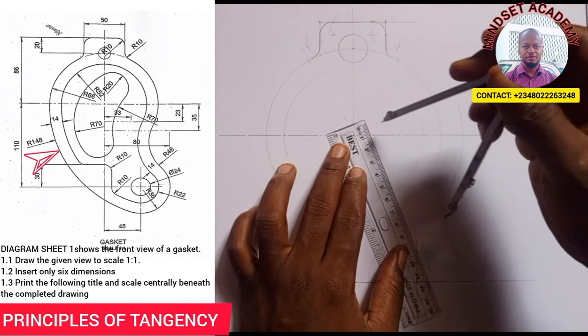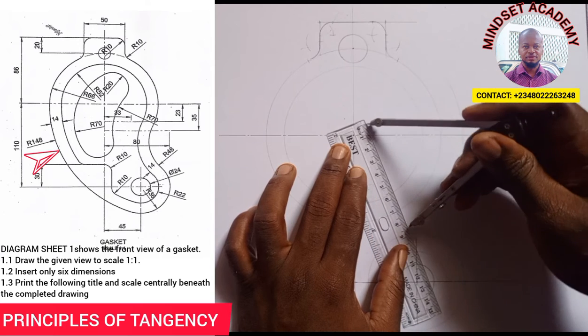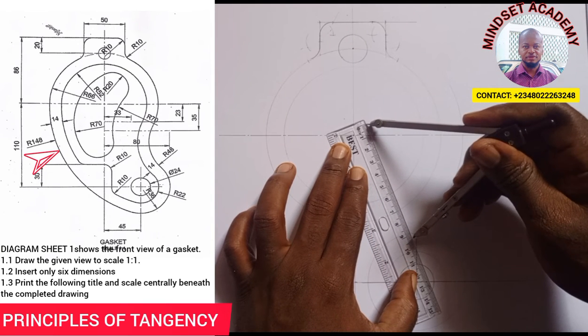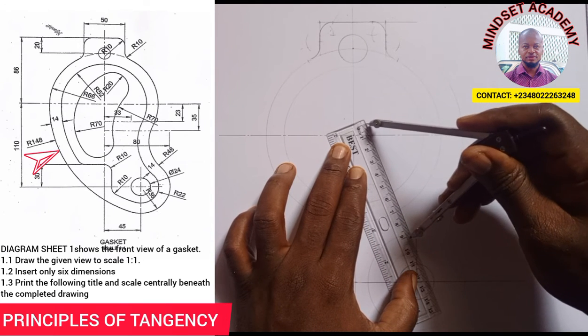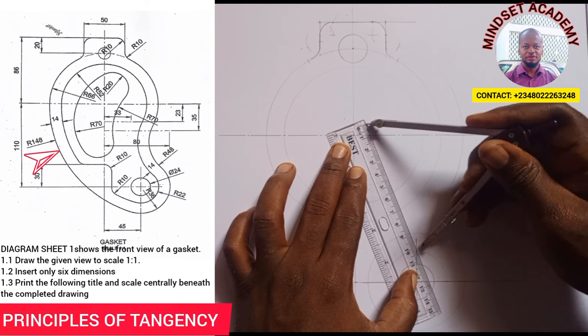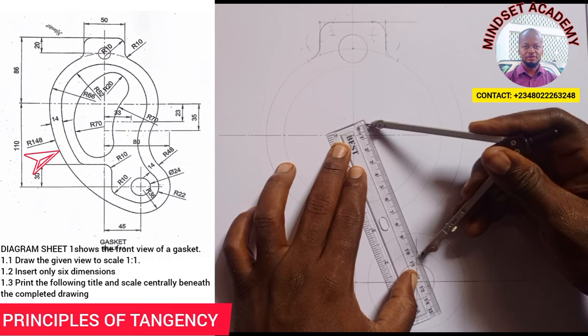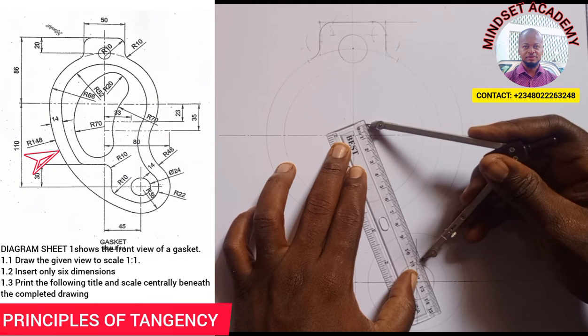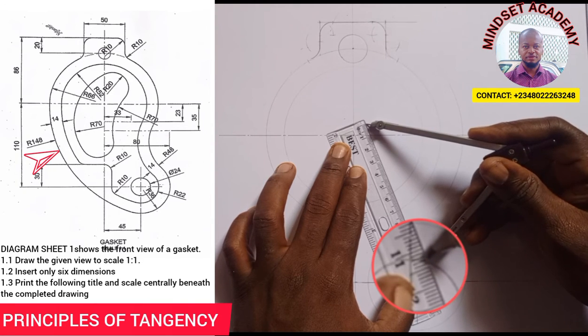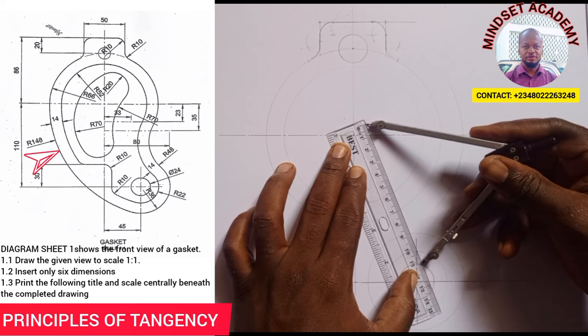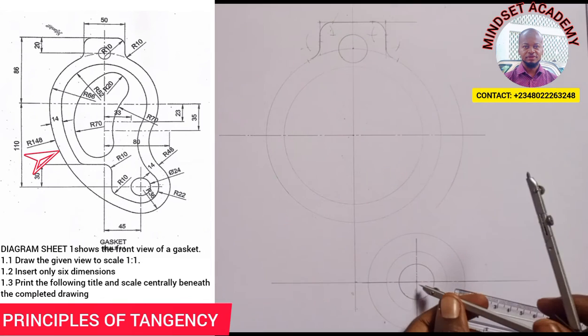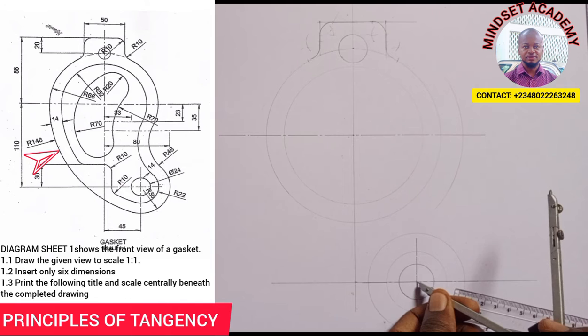So from 0 to 112. This is 100. This is 112 here. 10, 11, 12, somewhere around here. Can you see that? Then I'm going to place it here. Then I'm going to strike an arc.